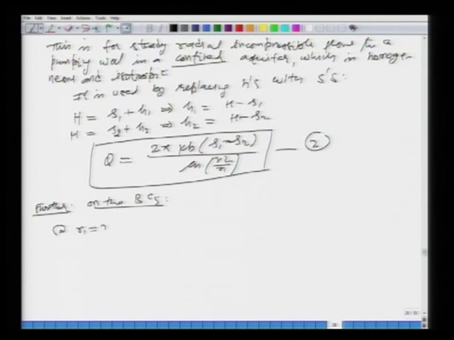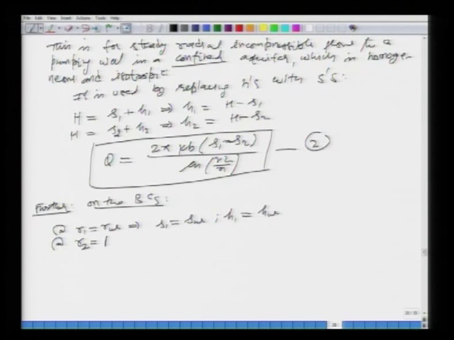at R1 is equal to RW, all right, right at the well. Okay. Right at the well, what do you have S1 as? S1 we have defined as SW, right, and what is H1? And we have said that this is HW. All right. So, the quantities at the well itself are SW and HW. Similarly, what is the other extreme?